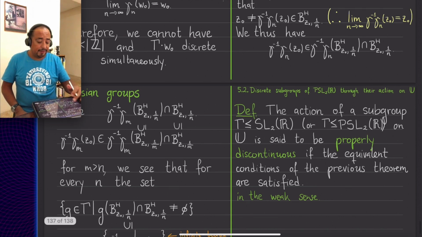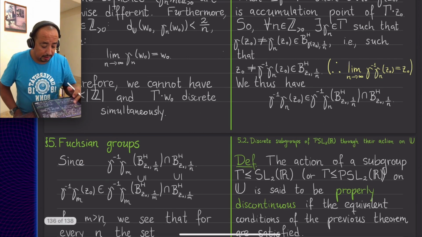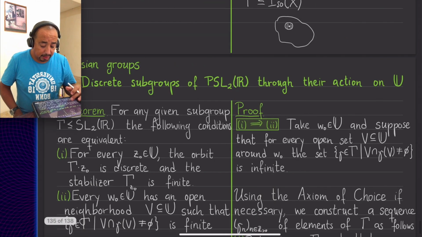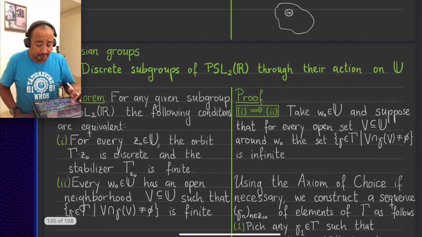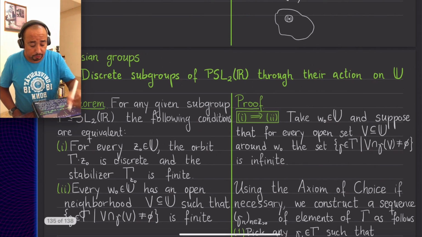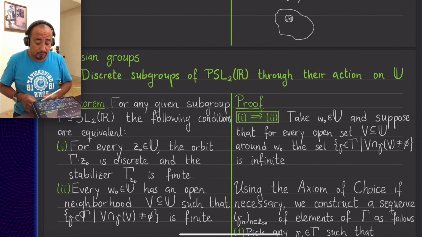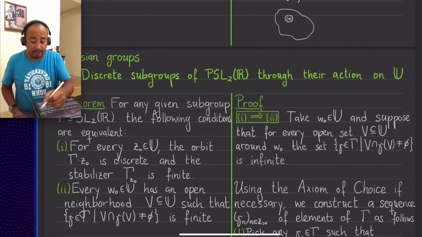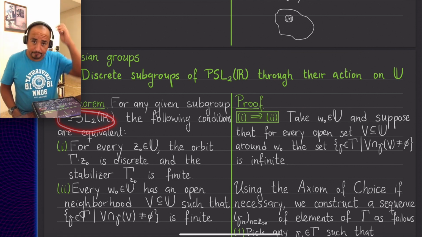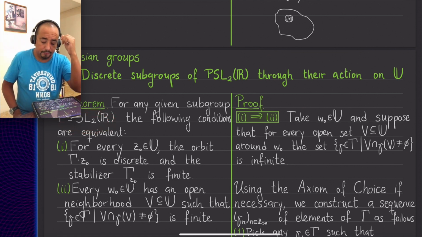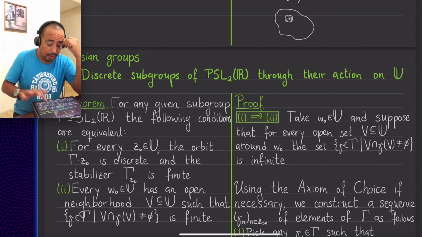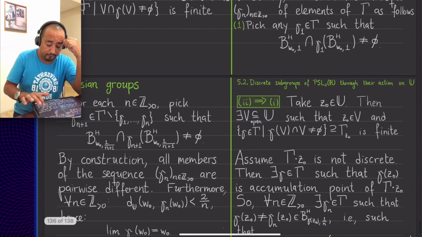Okay, and next class, I'm going to show that these two conditions that we saw today are equivalent to the condition that the subgroup gamma be discrete. Now you see the proofs were very topological.